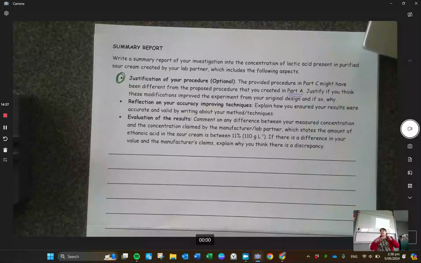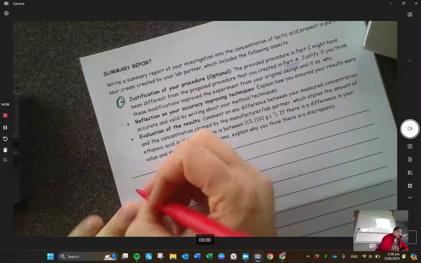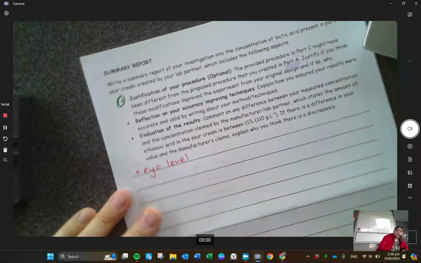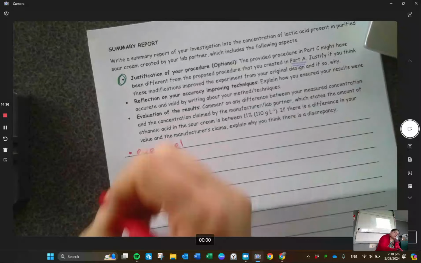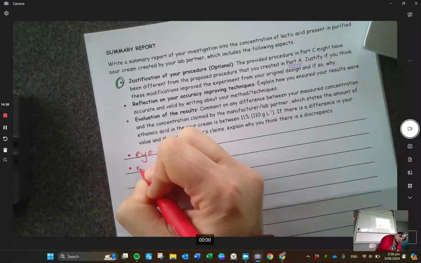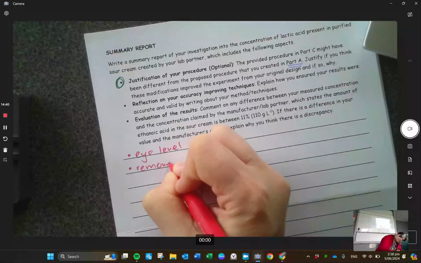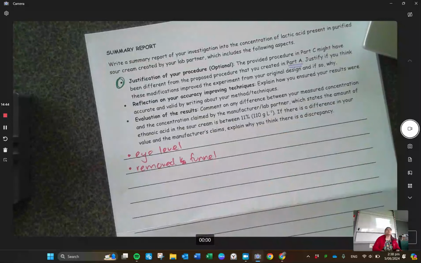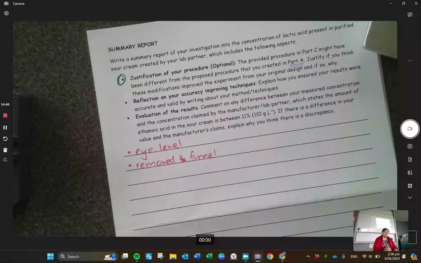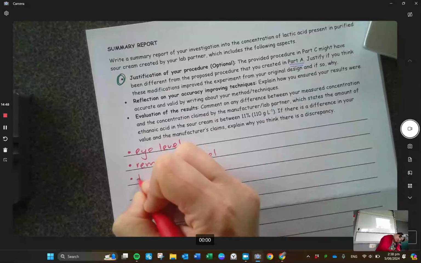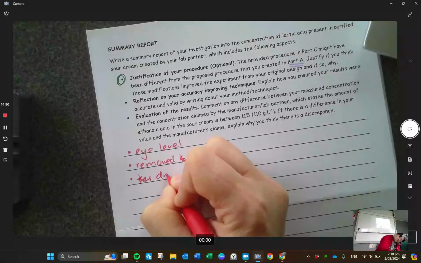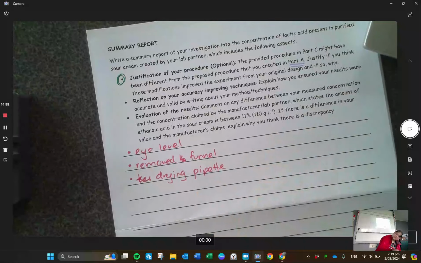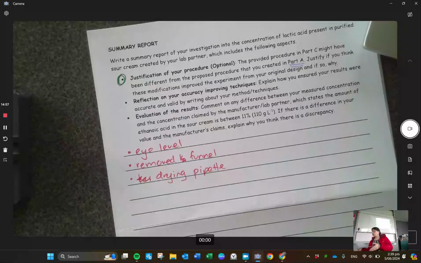You could talk about getting to eye level. As your first example, you could talk about removing the burette funnel. You could talk about wiping your pipette. What else could you talk about?